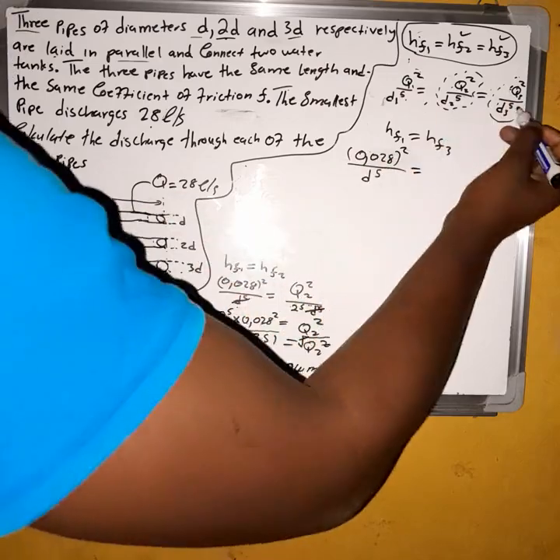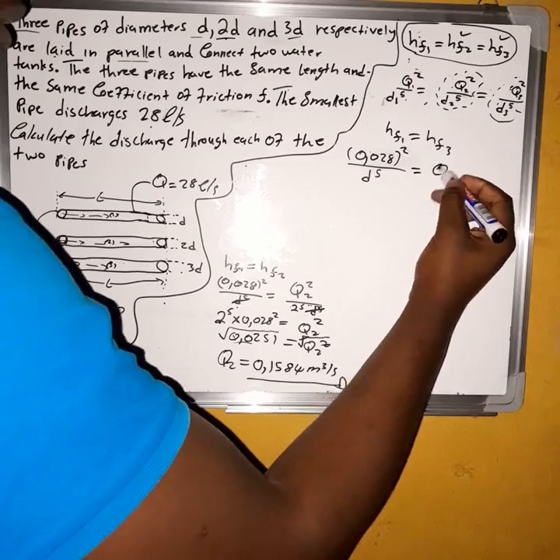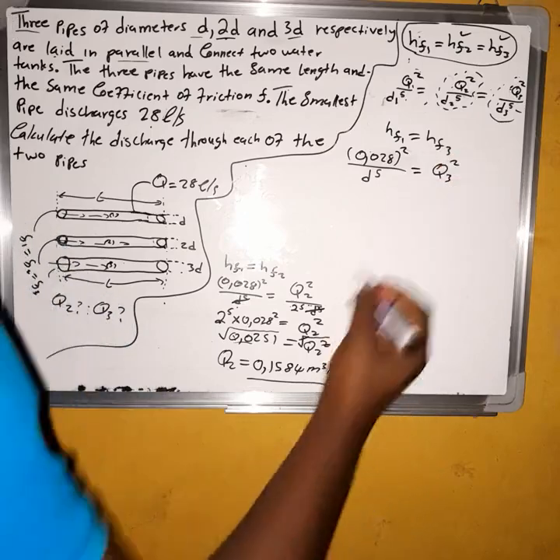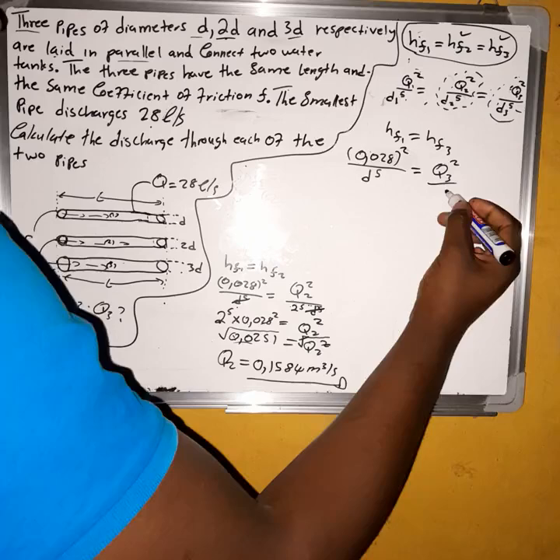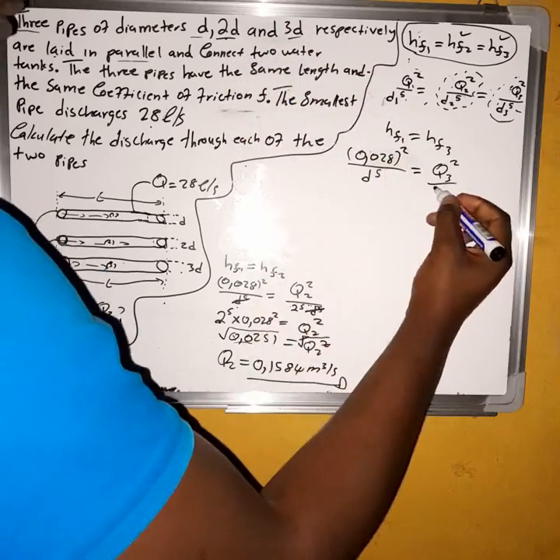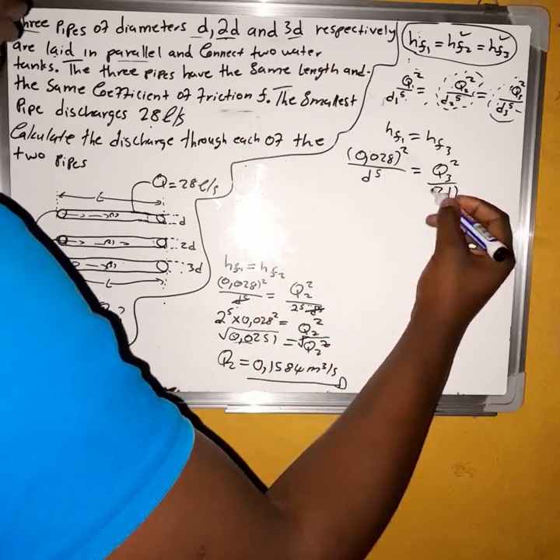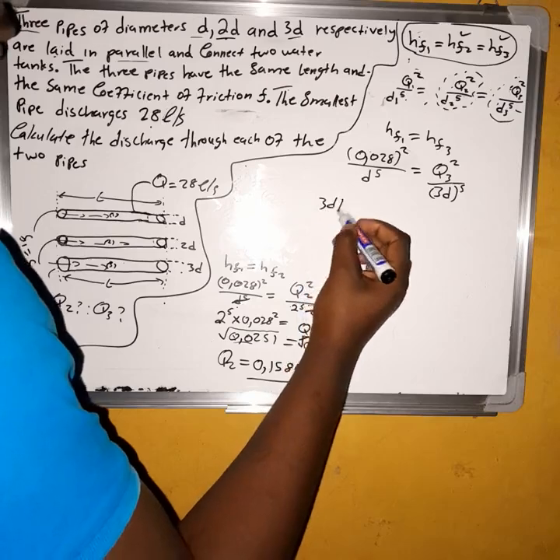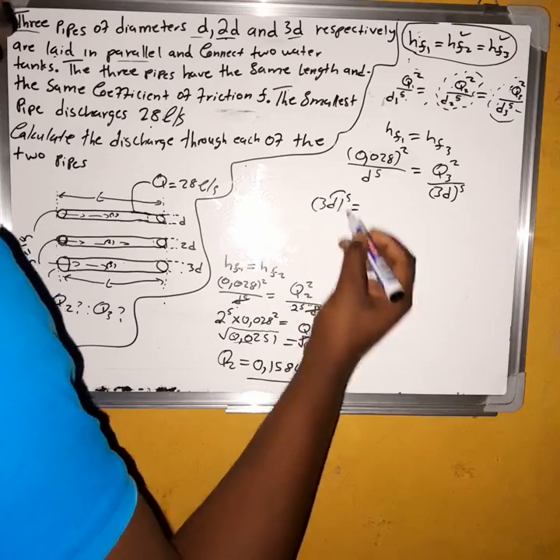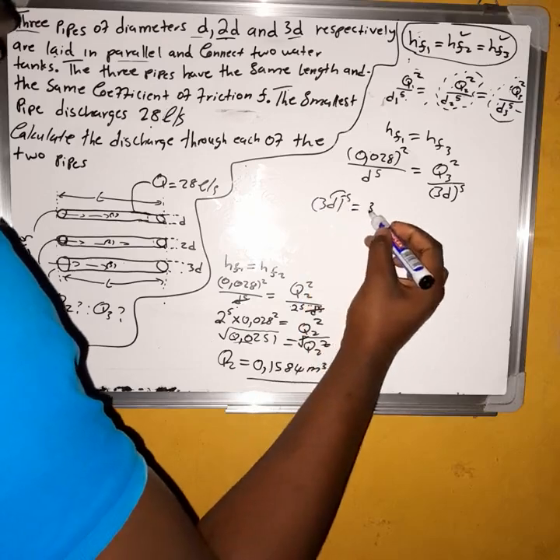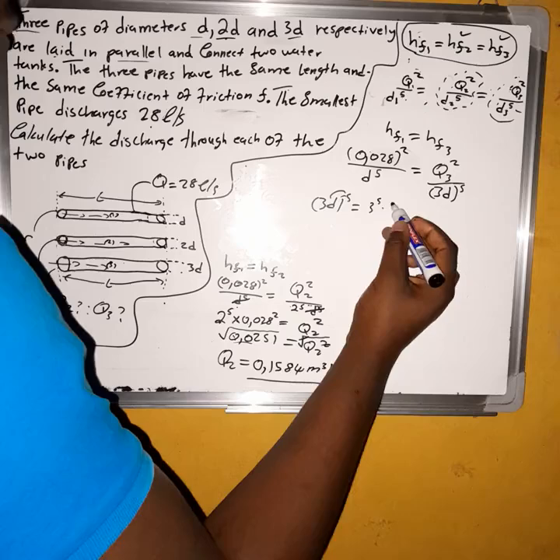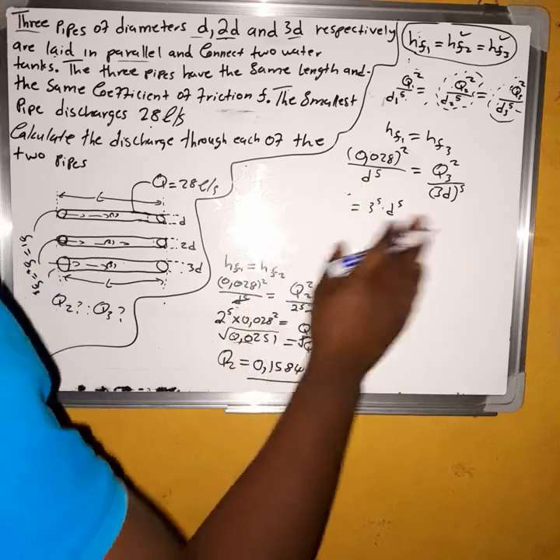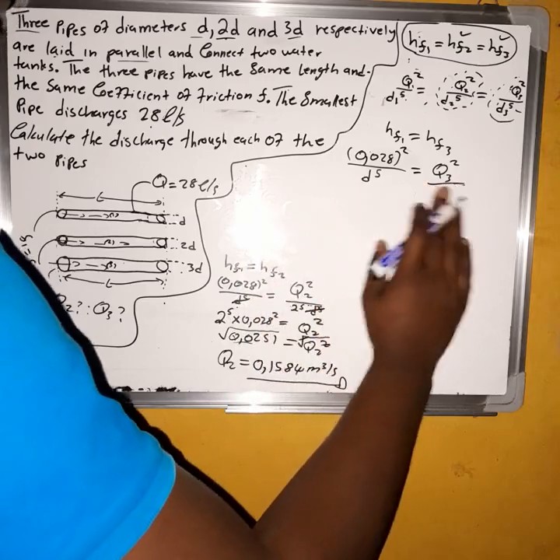3D raised to the power 5. Remember, mathematically 3D raised to the power 5 is the same as 3 raised to the power 5 multiplied by d raised to the power 5. So we replace this with that.